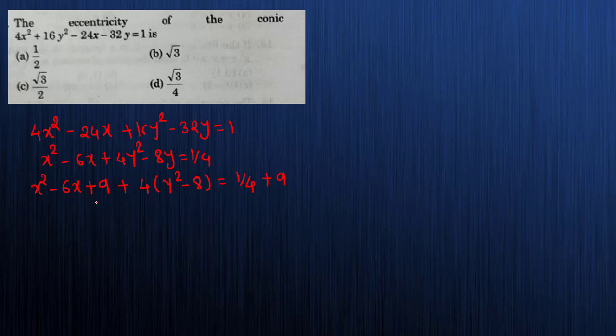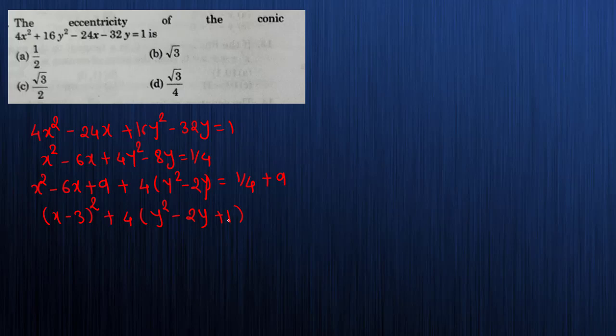So this is nothing but x minus 3 whole square plus 4 into bracket. Now y square minus 8y: sorry, if you have taken 4 common, here it should be 2, y square minus 2y. So y square minus 2y plus 1.